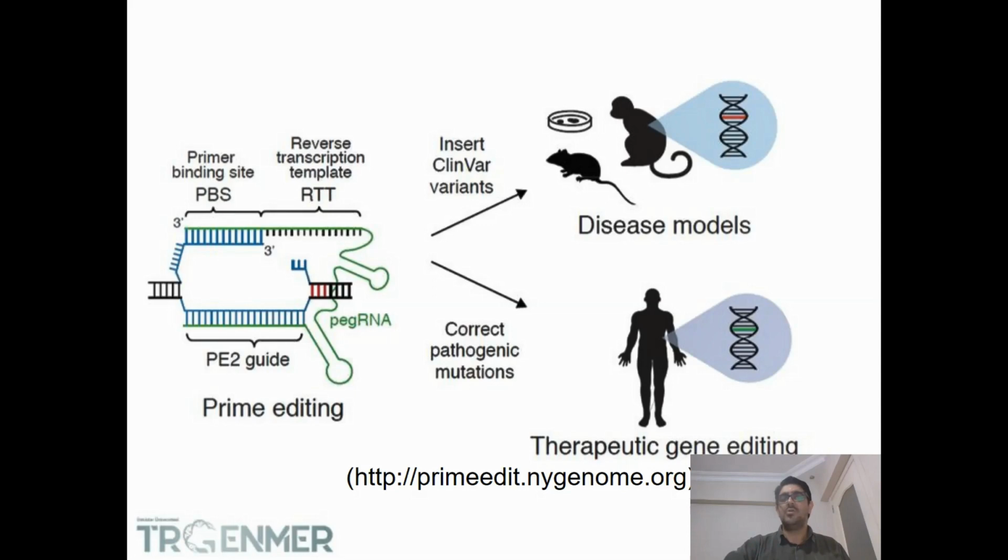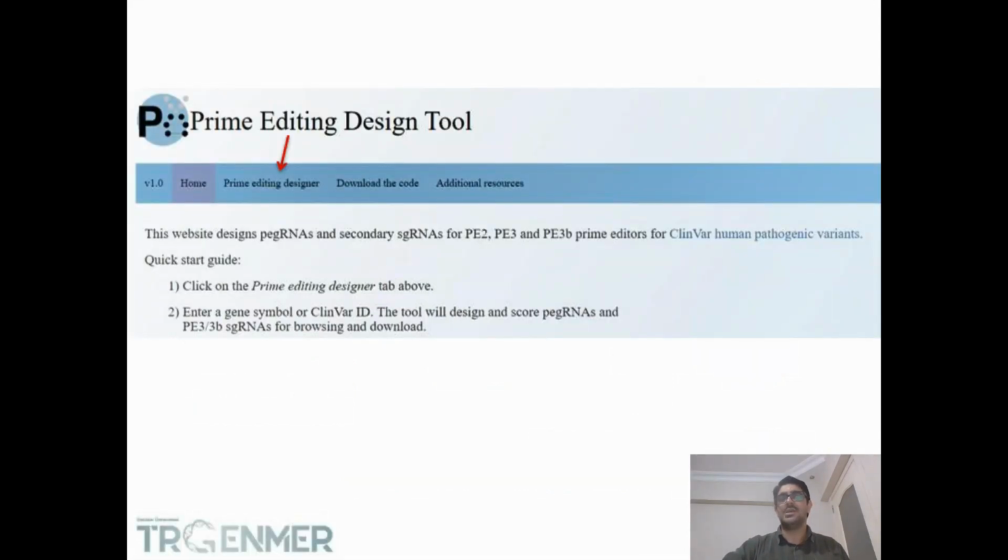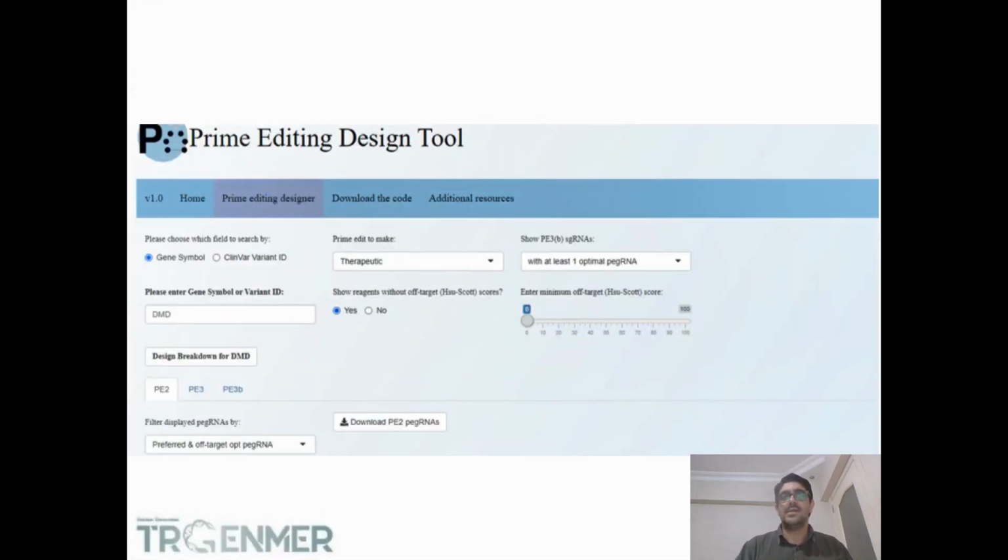And how can you go on that website? After you enter the website, you can see Prime Editing Designer, and you can select this, click, and then it will show the gene symbol or the clinical variant ID.